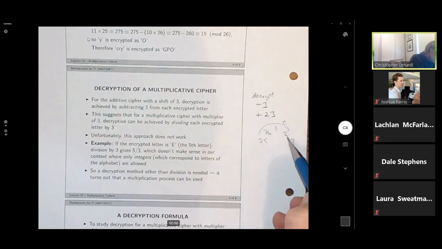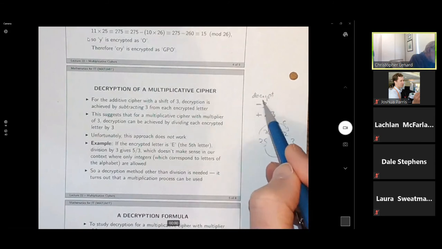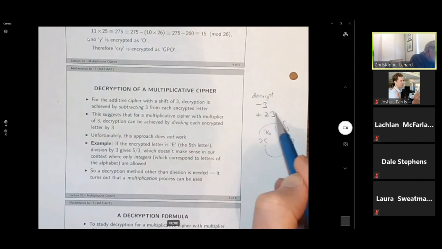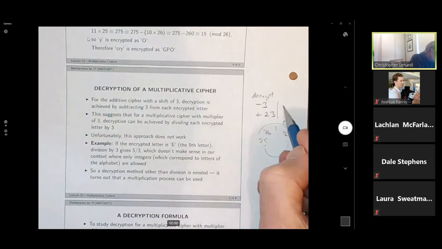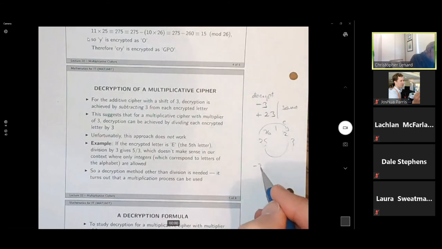Or I could add 23 and go around this way. So 23 plus 2 is 25. So the decryption is either subtract 3 or add 23. They're the same, and that's because -3 is the same as 23 in the mod 26 system.